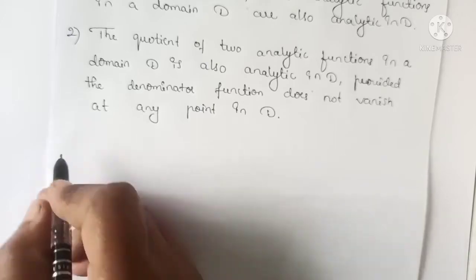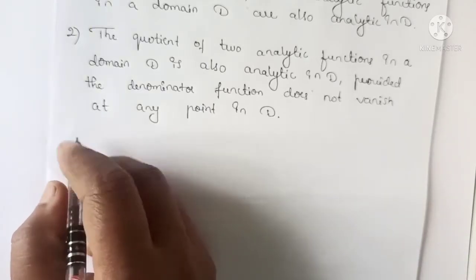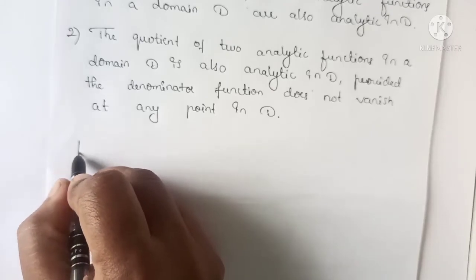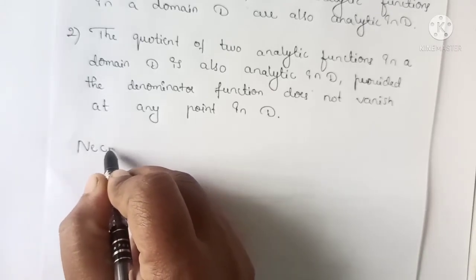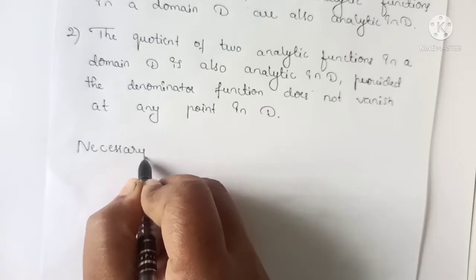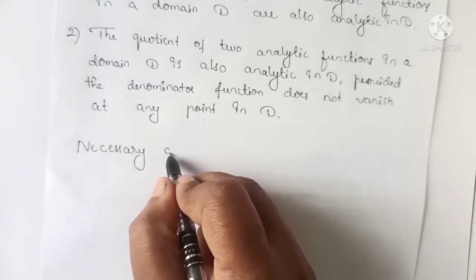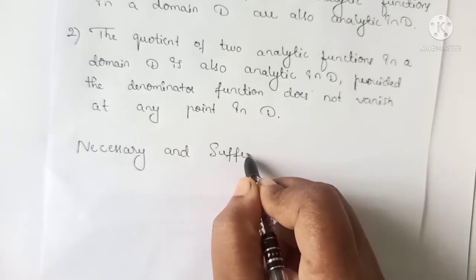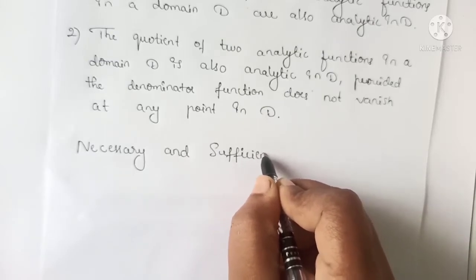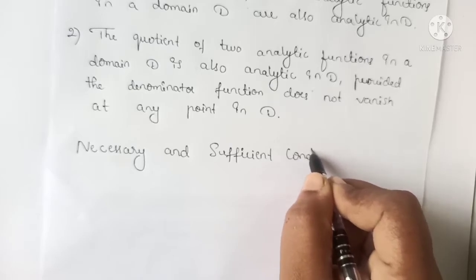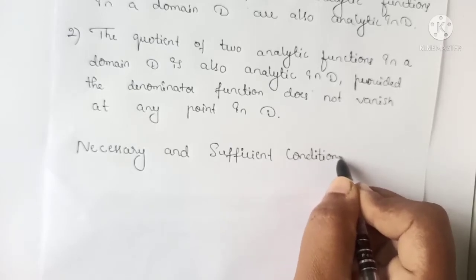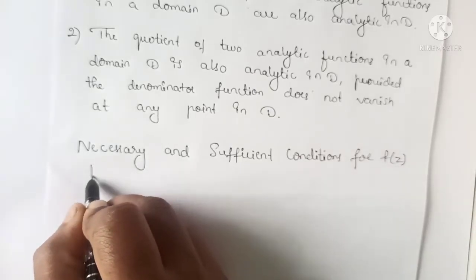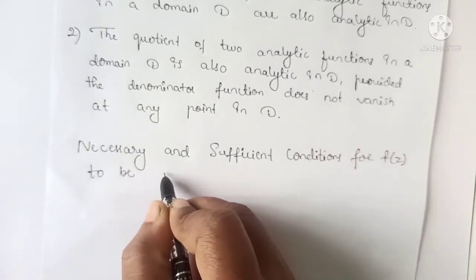Now we have a necessary and sufficient condition, but we prove only the necessary condition. Okay, first we prove the necessary condition. Necessary and sufficient conditions for f of z to be analytic.